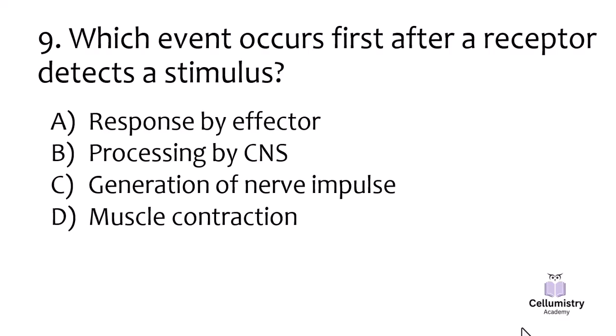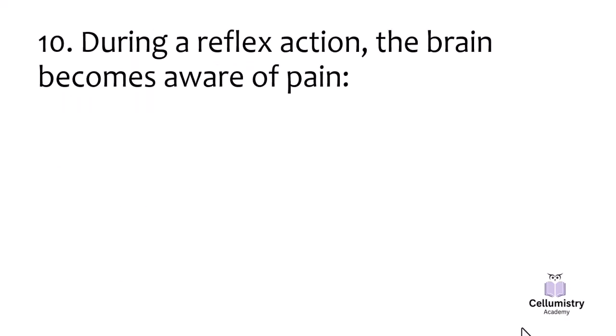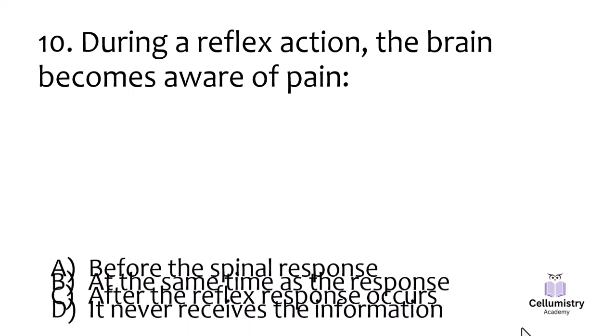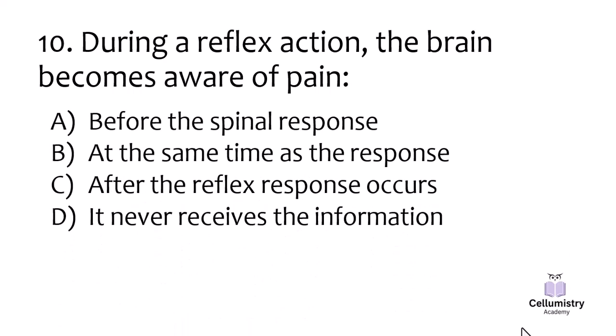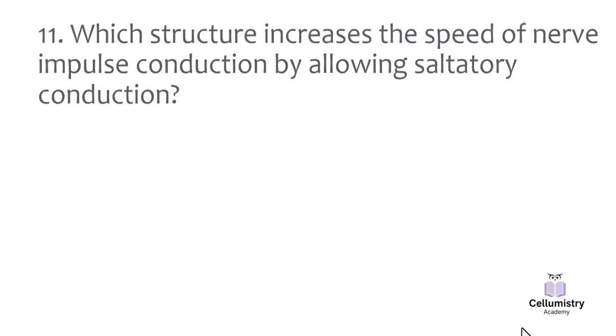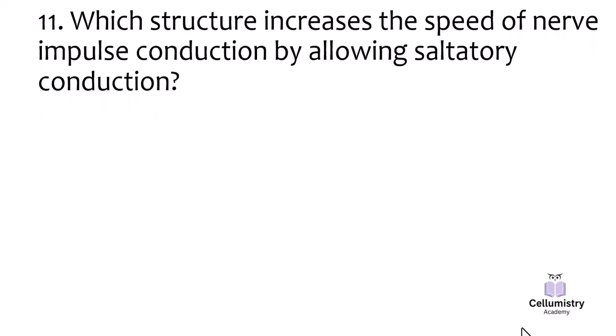Answer is C. Generation of nerve impulse. During a reflex action, the brain becomes aware of pain. Answer is C. After the reflex response occurs. Which structure increases the speed of nerve impulse conduction by allowing saltatory conduction?